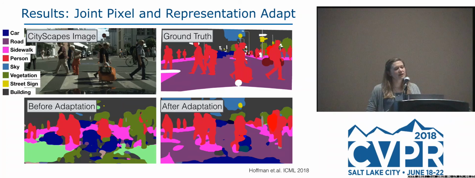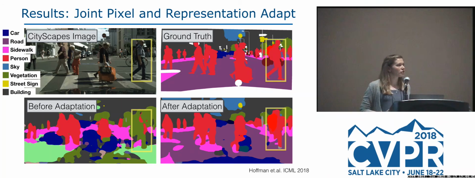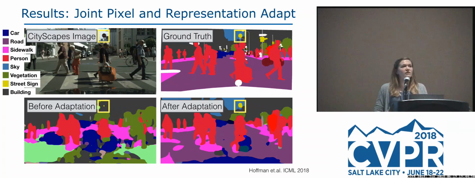Here's one example from the Cityscapes test set. What we find is that before adaptation, there's a whole lot of confusion. And then after adaptation, you're able to more accurately recognize the road, as well as other salient features like this pedestrian or small street signs.